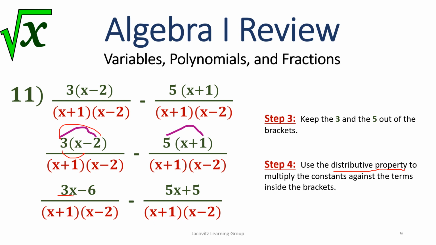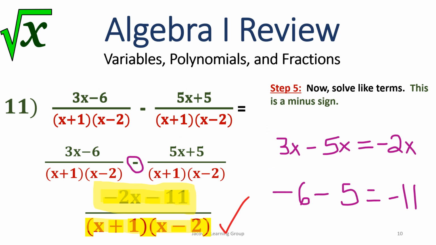Same thing over here, 5 times x is 5x. 5 times 1 is 5. This is a mess now, because you can only do like terms, and please, for God's sake, don't forget this guy. That's a negative, which, when you get ready to combine your like terms, makes this a positive 3, and this is a negative 5x.